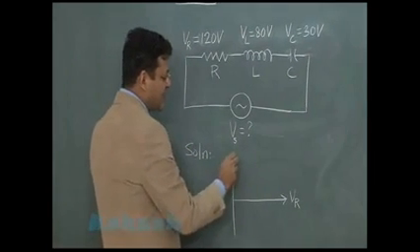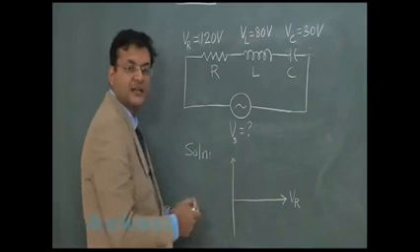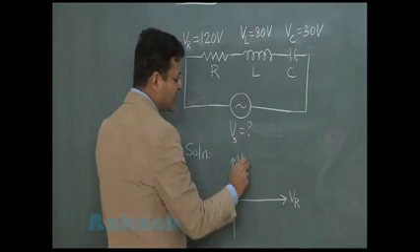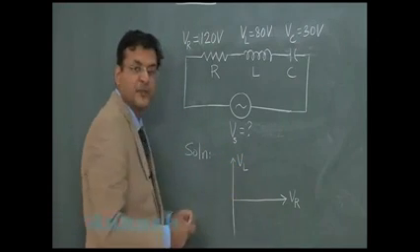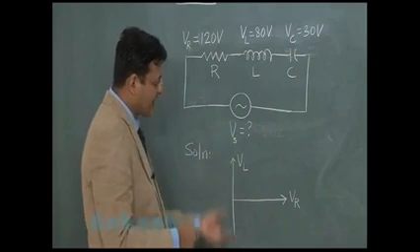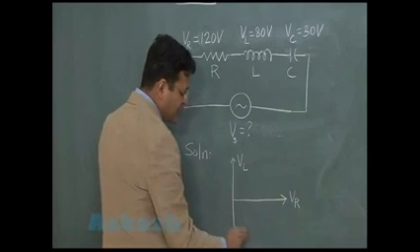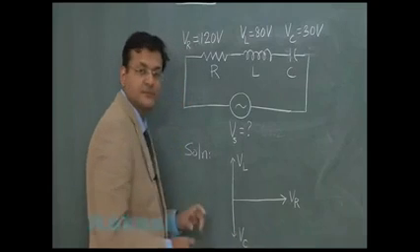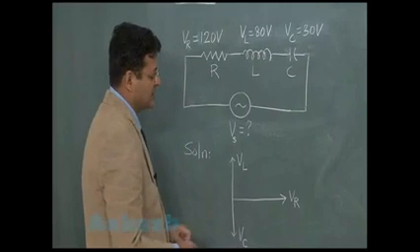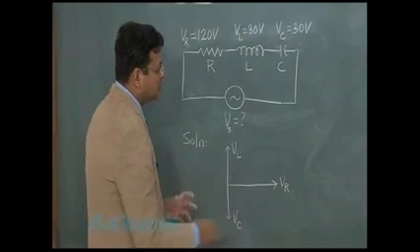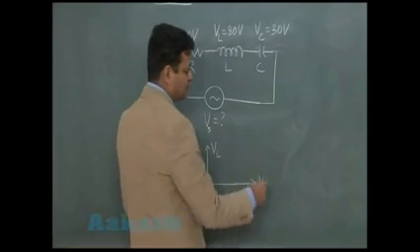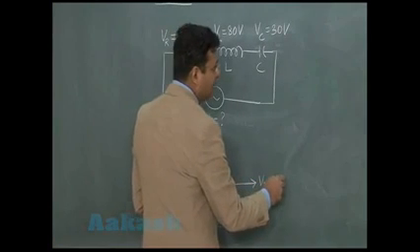The potential drop across a resistor is always plotted to this side because resistance is plotted this side. Since the reactance of the inductor is plotted on the upper side, the potential drop across the inductor will also be plotted on this side. And since the reactance of the capacitor is plotted on the lower side, the voltage across the capacitor will also be plotted on this side. That suggests that the overall voltage will be a Pythagoras.